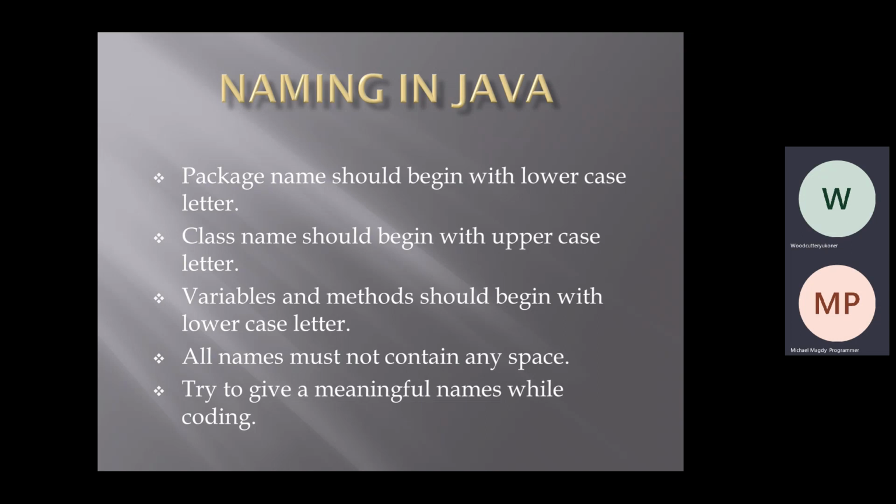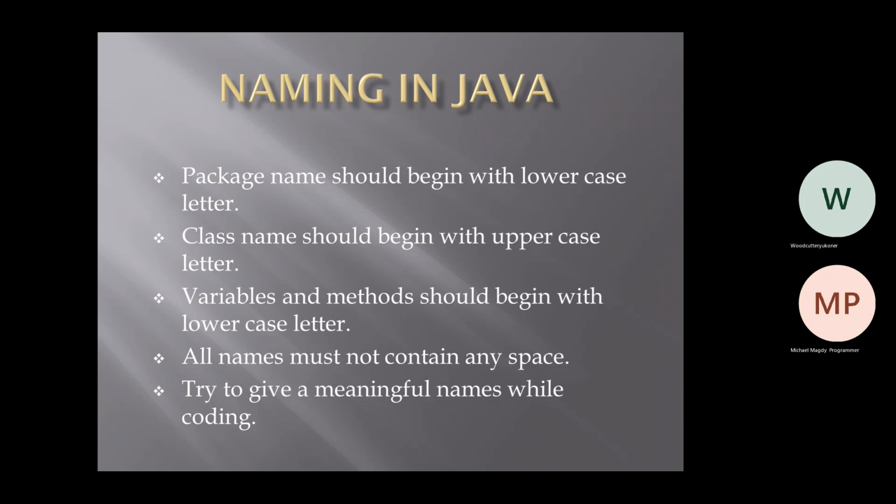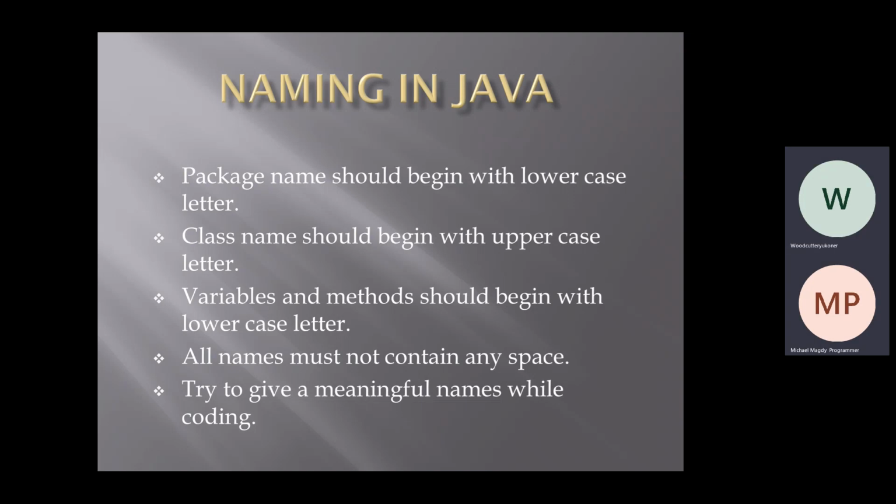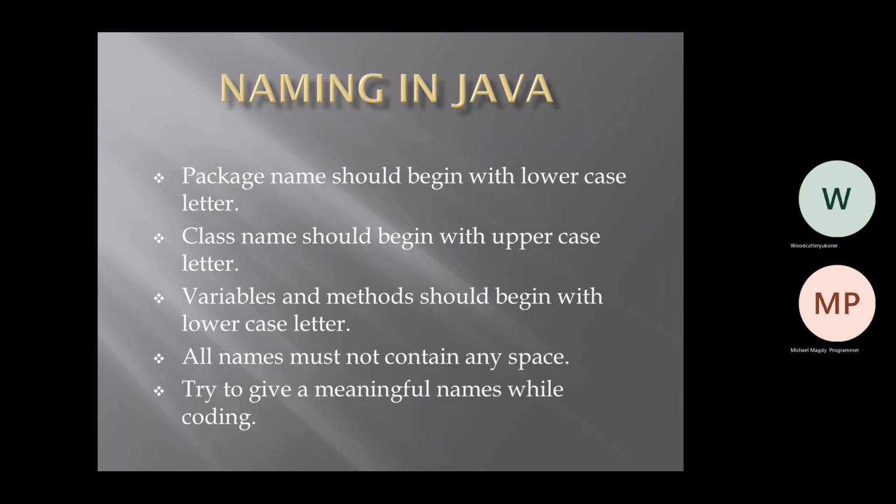For example, if you are creating a method, don't give it a name like X or Y. No, you give it a meaningful name like dog, like cat, like eat, like drink, something that will help you understand the code. Okay? Yes.